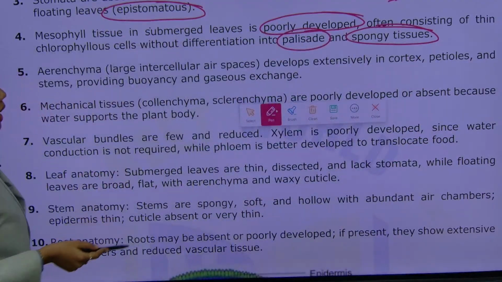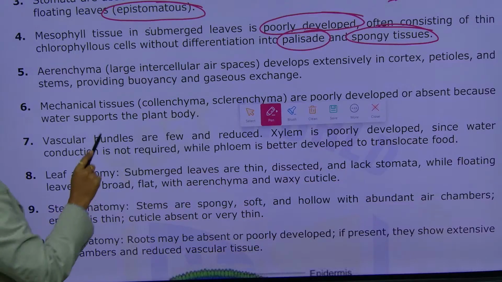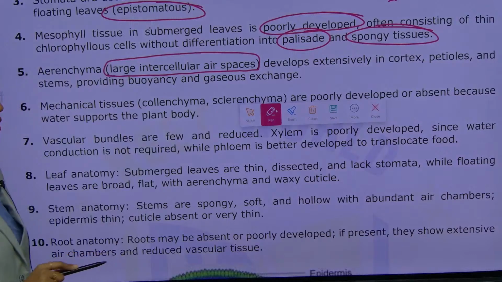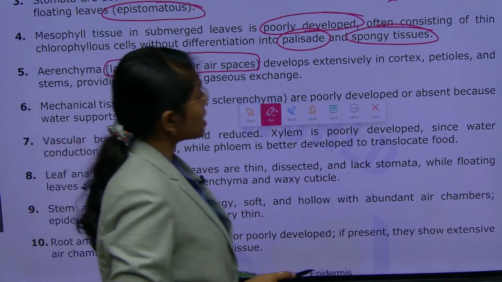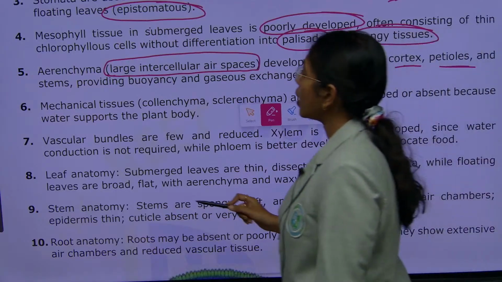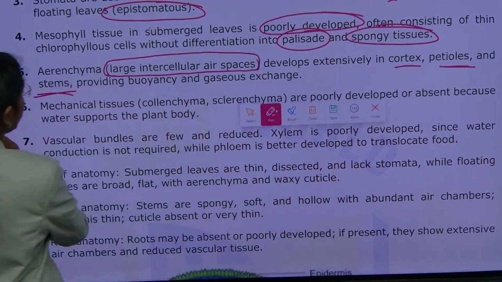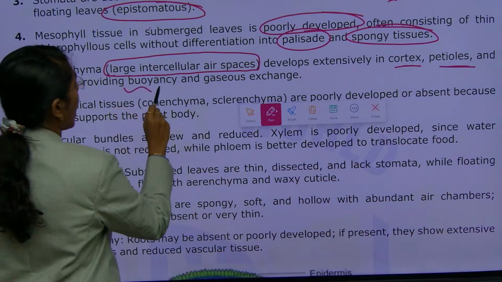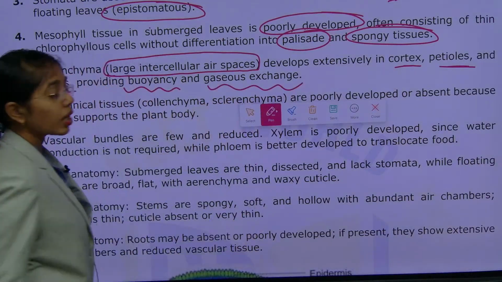Next, parenchyma will have large intercellular spaces, which develop extensively in cortex, petioles and stems, which provides buoyancy and gaseous exchange. Clear, right?